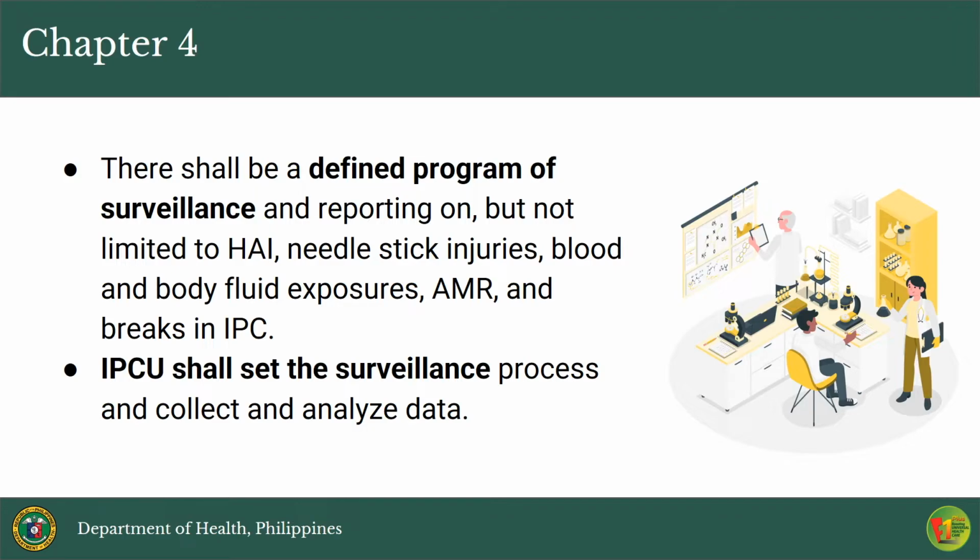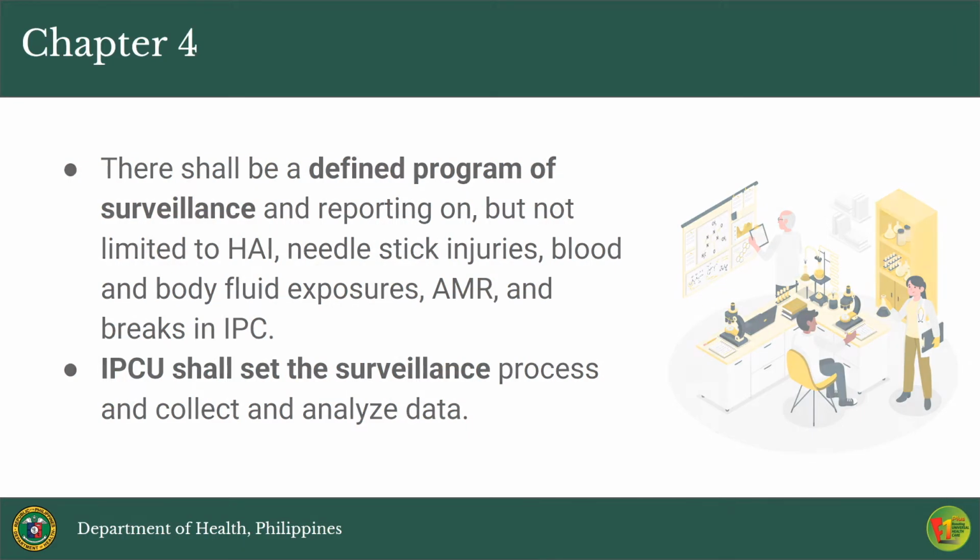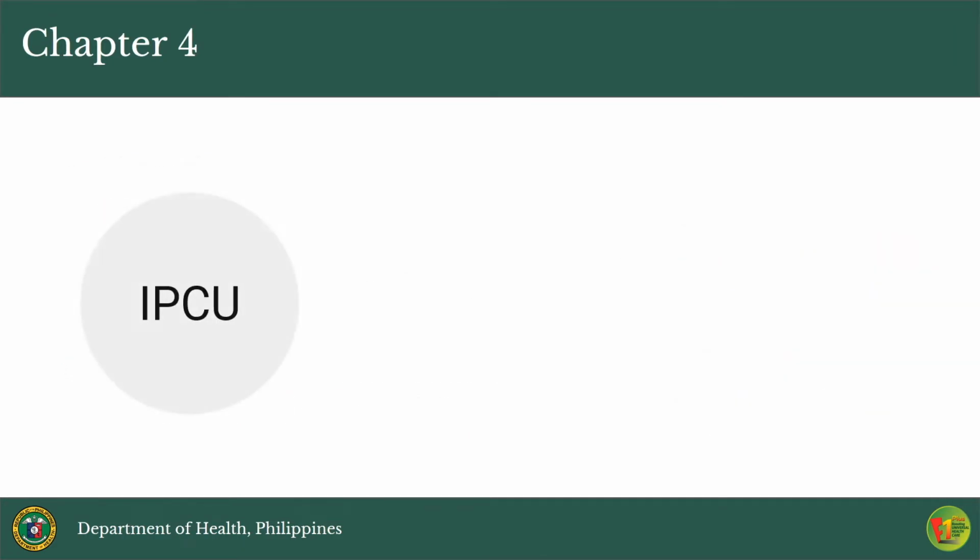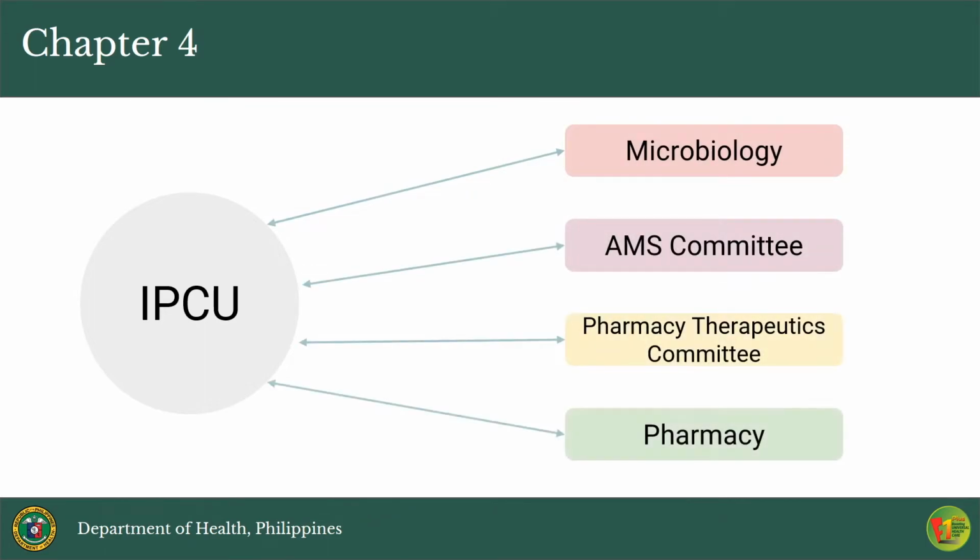The IPC unit shall set the surveillance process. They shall also collect and analyze data, through developed standard reporting forms, and provide reports at least annually. Lastly, the IPC unit shall coordinate with the Microbiology, Antimicrobial Stewardship Committee, Pharmacy Therapeutics Committee, and Pharmacy in the development, implementation and monitoring of antimicrobial stewardship.